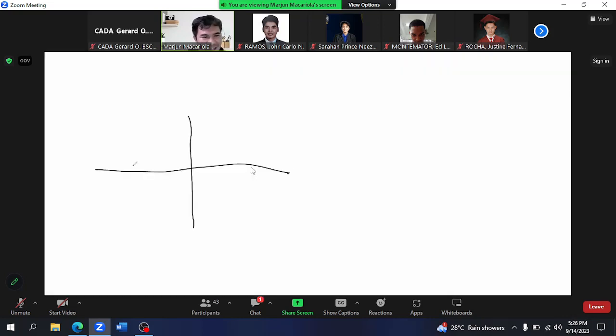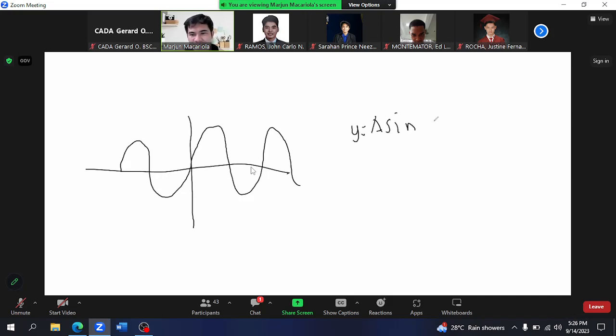The standard equation of a sine wave is y = A sin(2πft − θ), where θ is the angle or the phase shift.